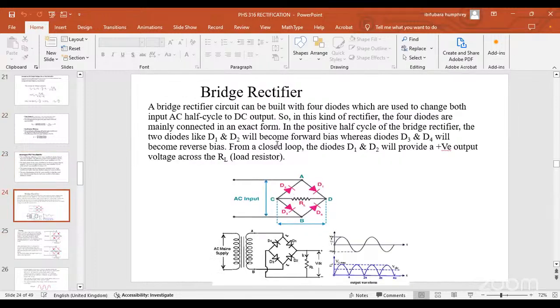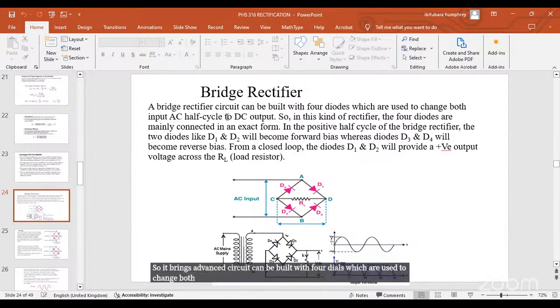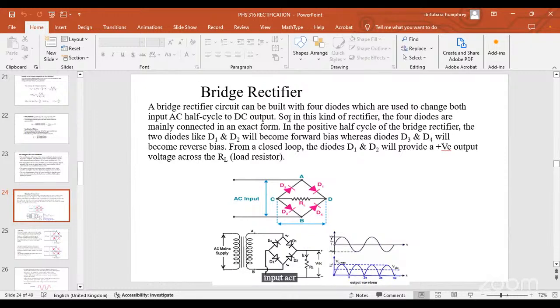So the bridge rectifier, we have seen how the bridge rectifier works. A bridge rectifier circuit can be built with 4 diodes, which are used to change both input AC half cycles to DC output. In this kind of rectifier, the 4 diodes are mainly connected in an exact form.